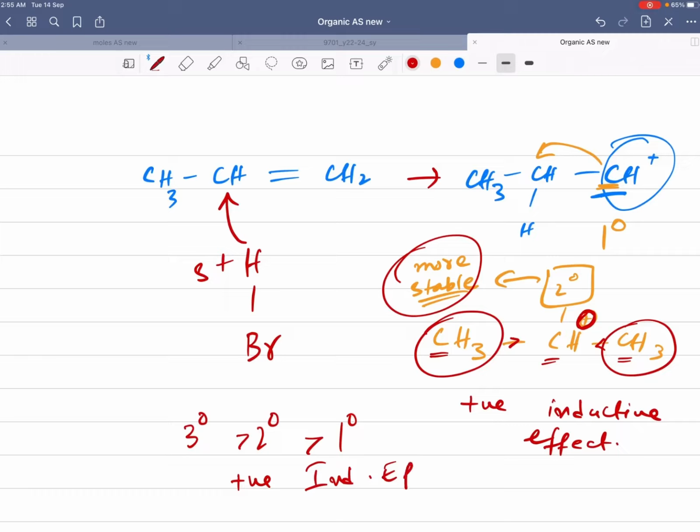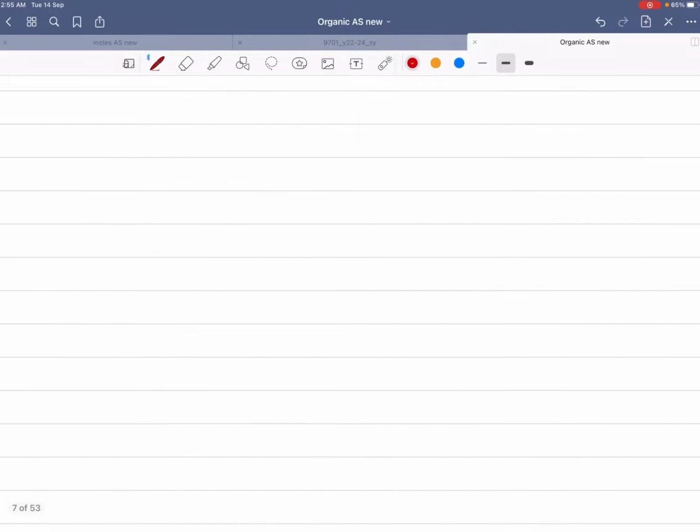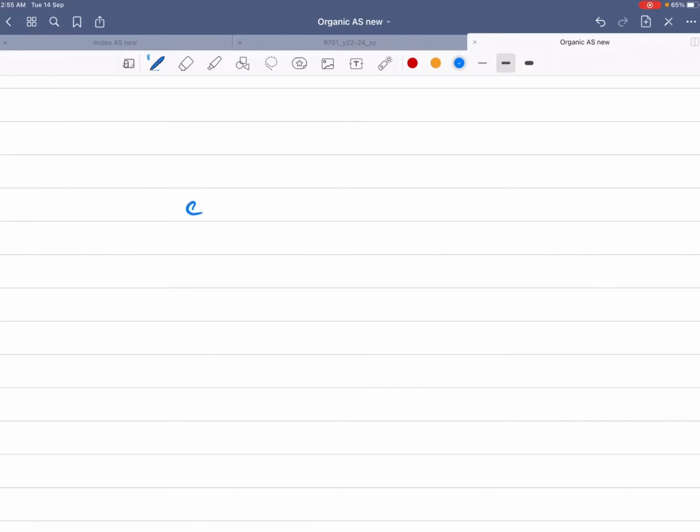And what is positive inductive effect? That the neighboring carbons, let's suppose we have this tertiary carbocation, which is attached to 3 R groups. So 3 R groups, that means 3 helping hands, right? They are transferring some of their electron density to this carbon, so this would be more stable than a secondary carbocation, which has 2 helping hands, right?